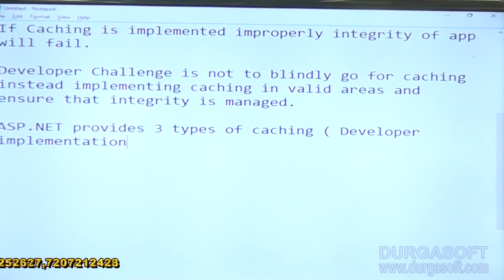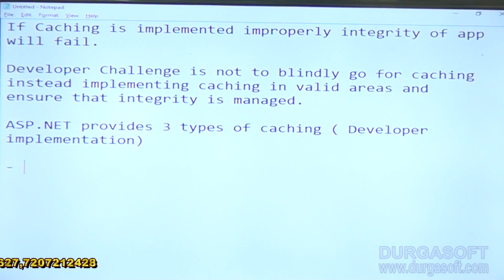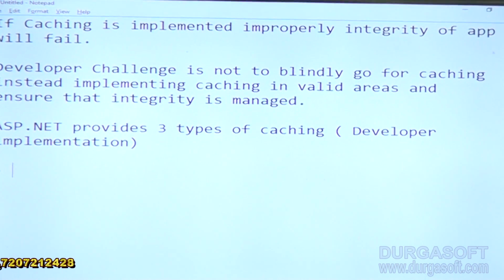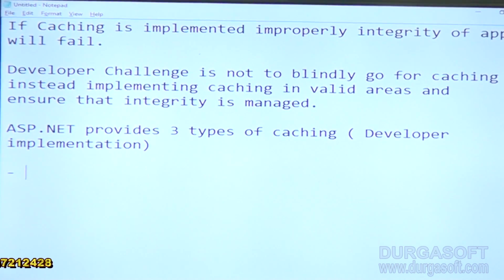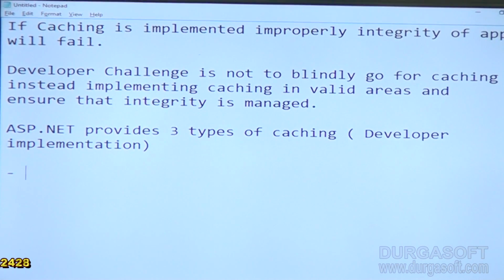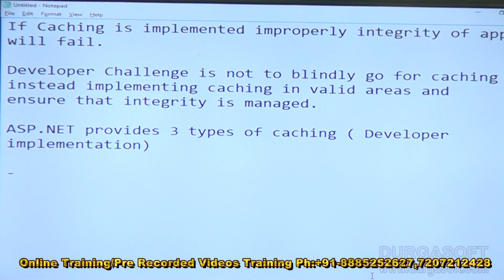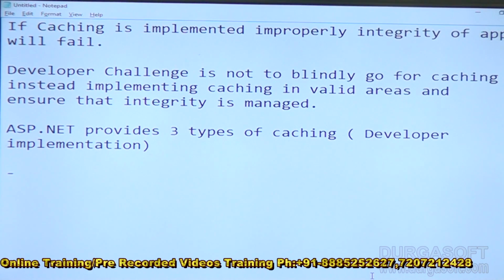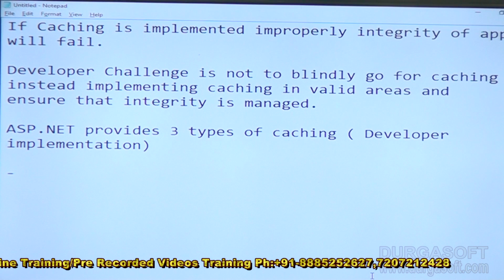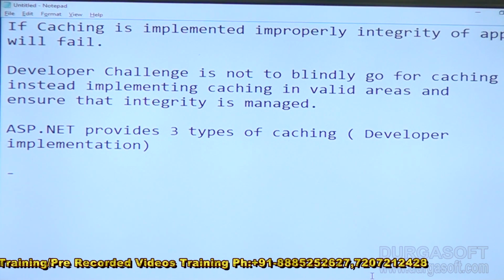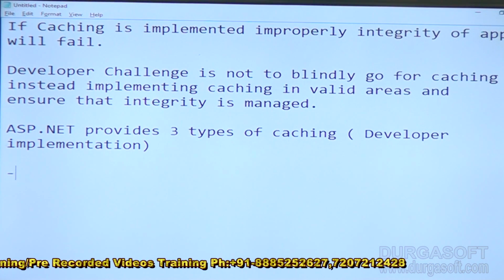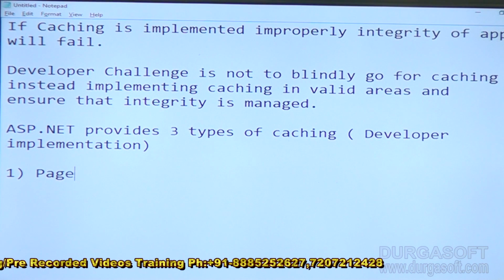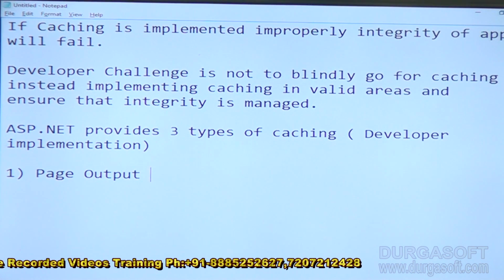Why am I giving this in brackets? For us developers, it says you do these 3. Rest all, it will do, and you can configure it a little. Please be clear. You got it or not now? What are those 3? First one is page output caching.